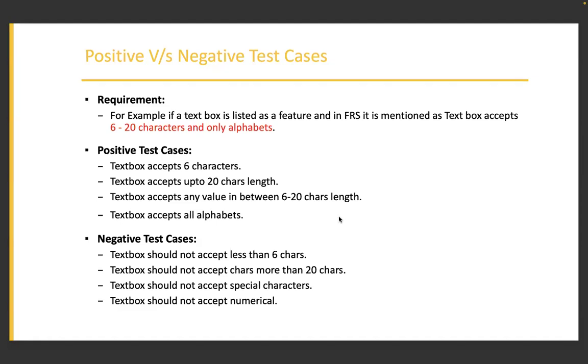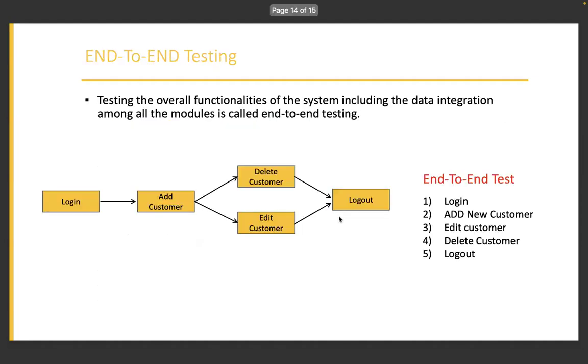What are the negative ones? It should not accept less than 6, it should not accept more than 20, it should not accept special characters, it should not accept numerics. Those come under negative test cases. Clear, everyone? So this is about positive and negative, guys.